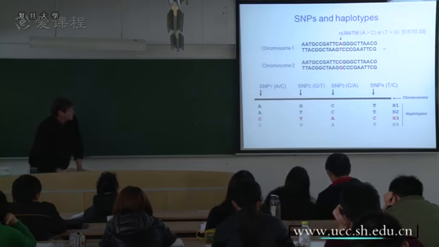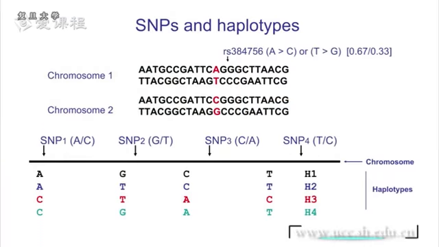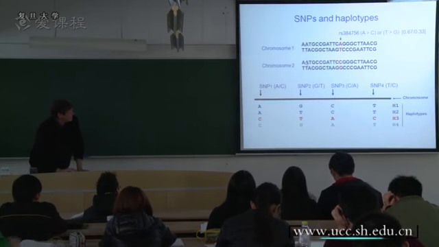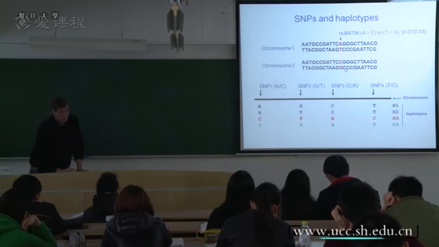Okay. This is a slide just to explain a little bit more in detail what SNPs are. An example might be: on this chromosome, the sequence is identical to the other chromosome, except for this site right here. On one chromosome there might be an AT pair here, but on the other chromosome there's a CG pair.